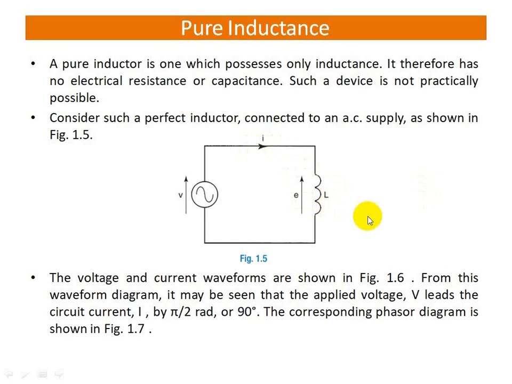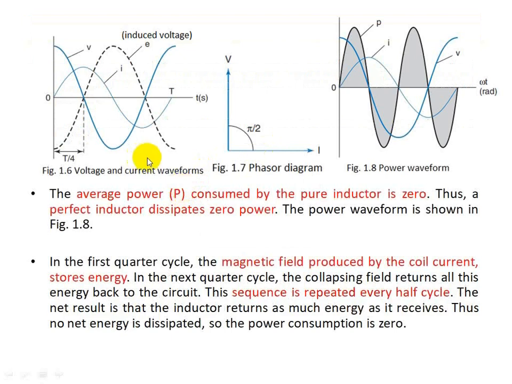So here the voltage will lead the current by 90 degree, or in other words we can say that current will lag the voltage by 90 degree. Figure 1.6 shows the voltage and current waveforms.